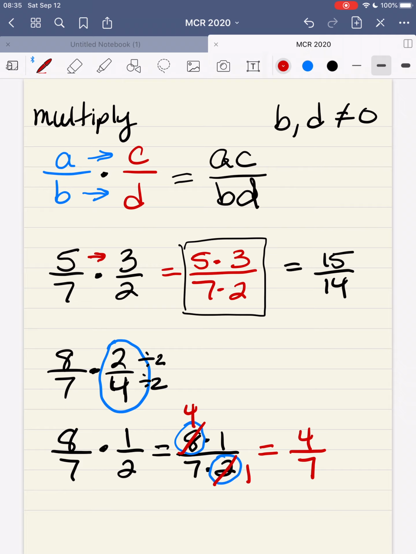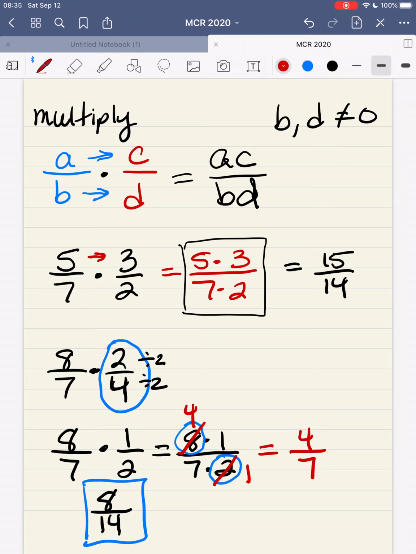All right, so if I multiply this fraction still straight across, my 8 over 7 times 1/2, 8 times 1 is 8, and 7 times 2 is 14. Okay, and I still notice here that this fraction, both the numerator and denominator are even.